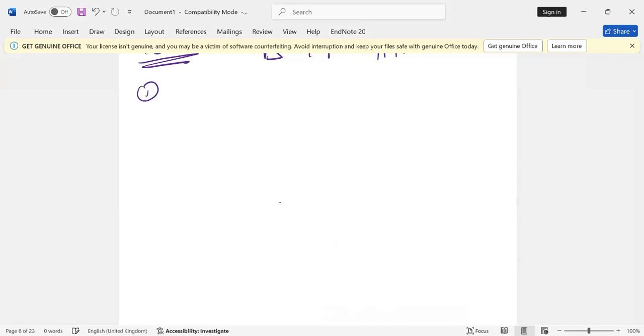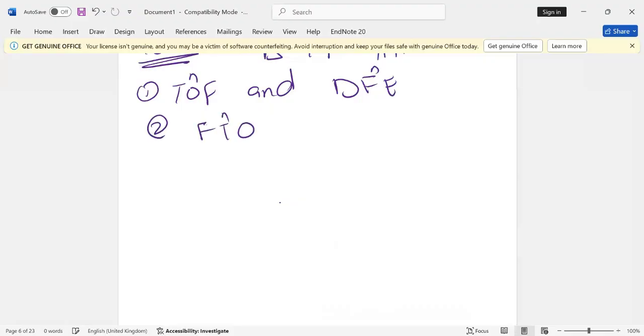So the first thing we have is TOF and DFE. The second point we have to make is that FTO equals FD.